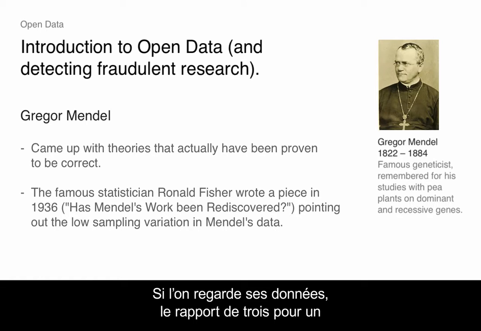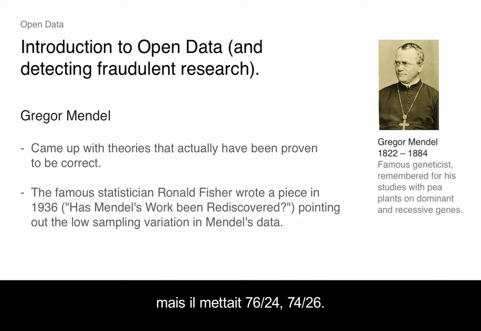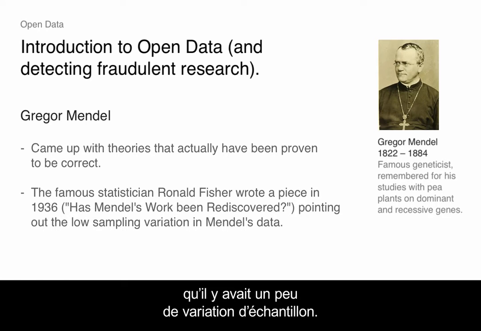So if you actually look at his data, the 3 to 1 ratio in his samples wasn't exactly 3 to 1. Like he knew he couldn't literally make it 75-25, but he'd make it 76-24, 74-26. And so you'd get this data, and it was like, oh yeah, there's a little bit of sampling variation. It turns out there was just way too little sampling variation.